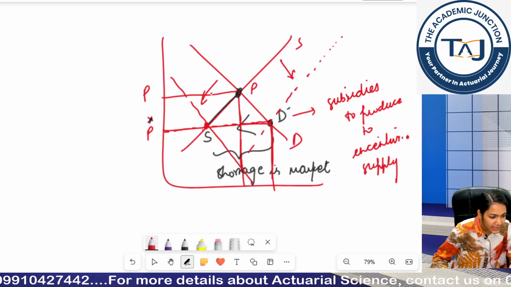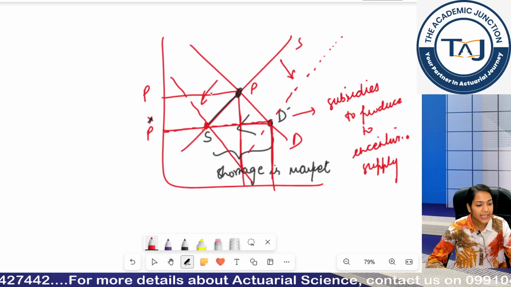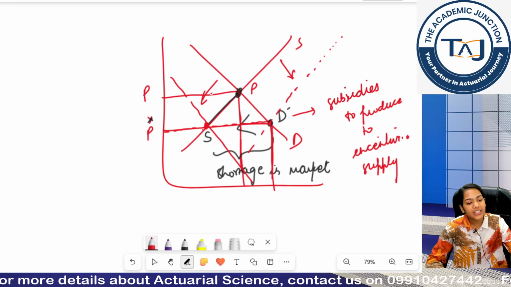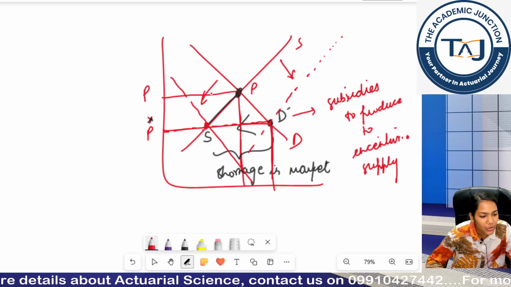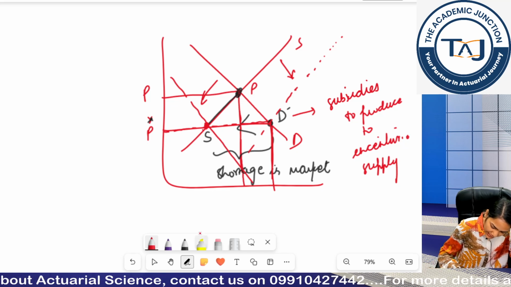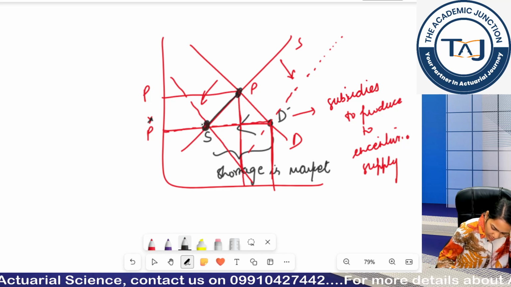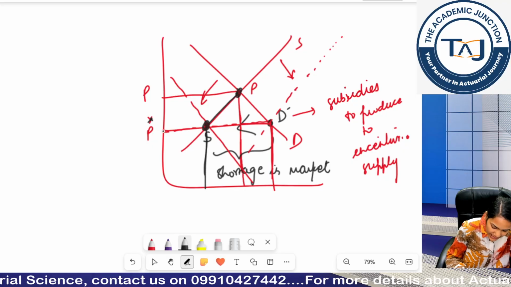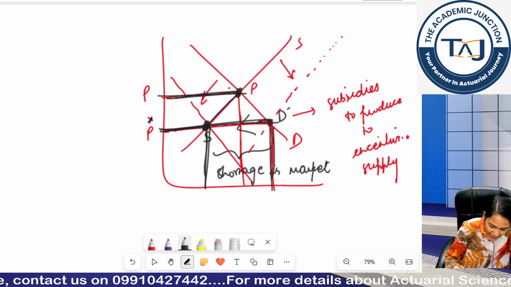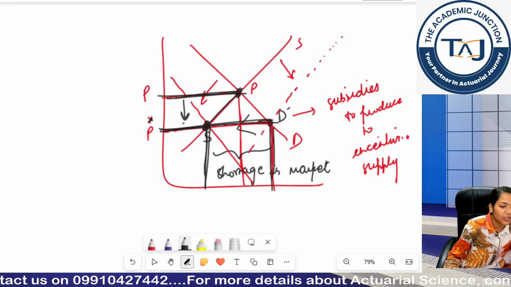They may increase taxes, for example GST. They may increase the GST percentage of that good if they want to decrease the consumption of that good. So in both cases the price is set at a minimum price, lower than the actual price in the market.